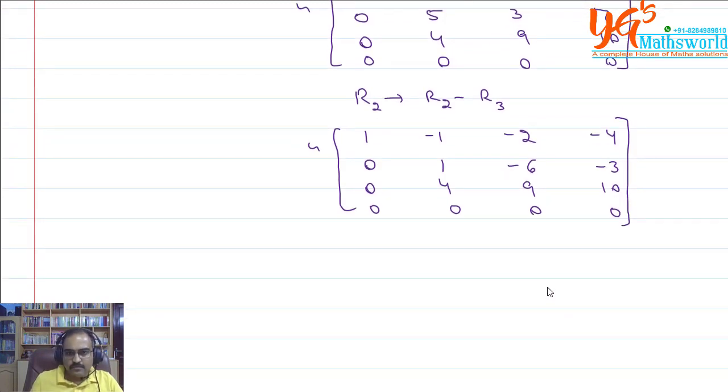Now I can make this one as 0. The steps have been completed, but if we move further, what will the next be? R3 tends to R3 minus 4 times R2.